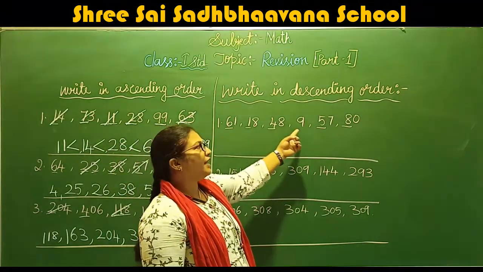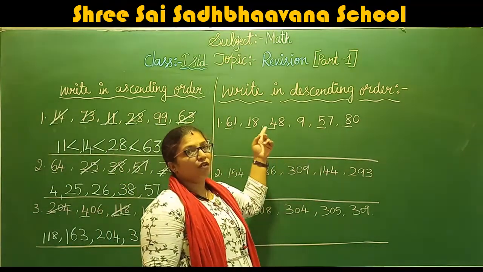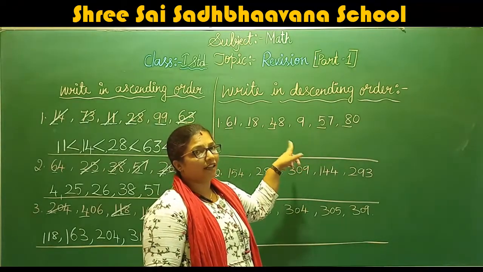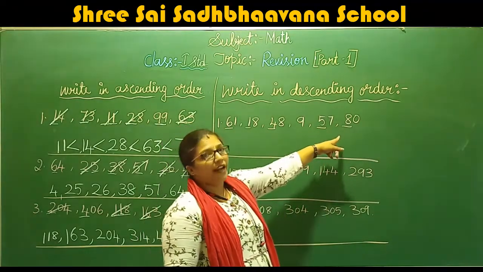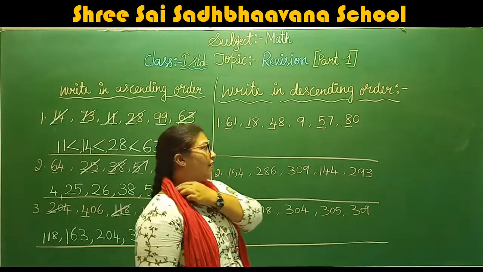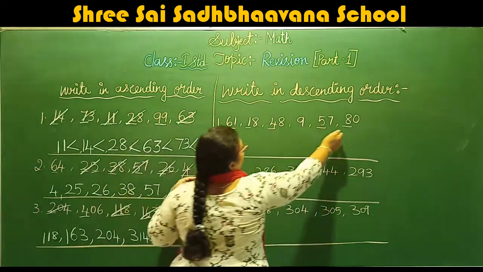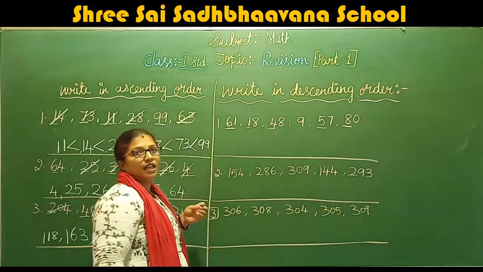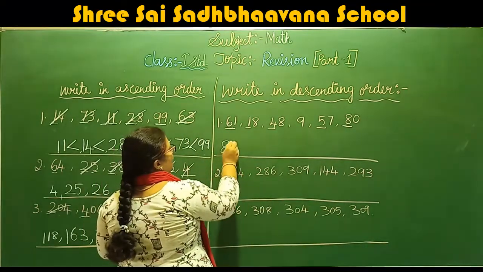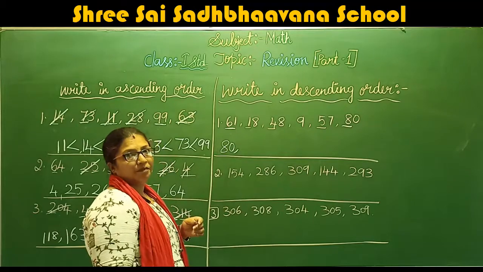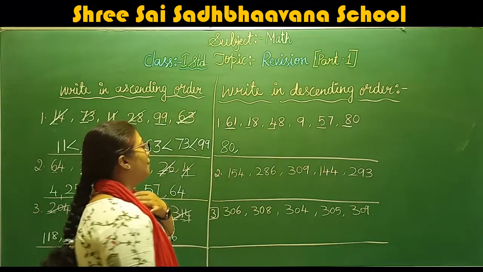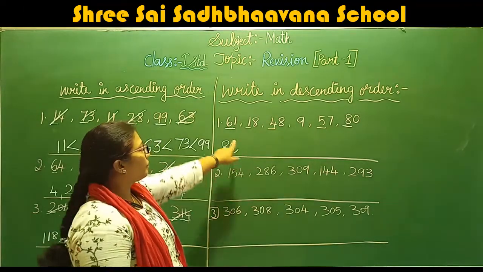No. 5 is greater than 4. 8 is greater than 5. So which is correct? 8 and 6, you see. 8 is the greatest number. So you have to write 80 first.